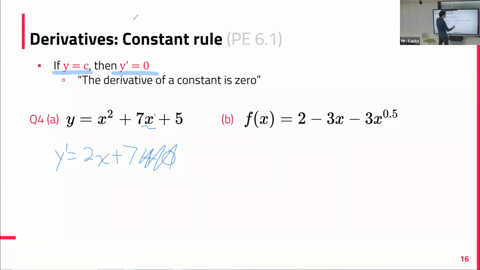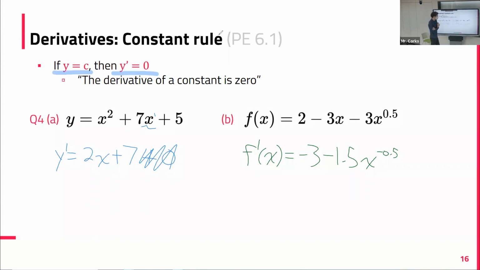All right. For the one on the right here, f prime of x. Okay. Negative 3 minus 1.5, negative 0.5.